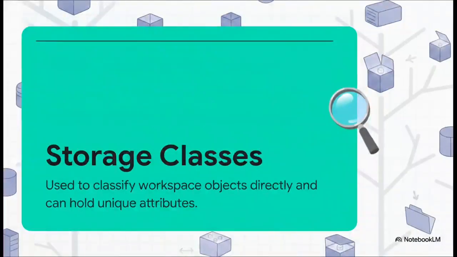Storage classes, on the other hand, are the actual end-of-the-branch containers. This is where your workspace objects actively live. Storage classes inherit all the attributes from their parent abstract classes, sure, but they can also hold their own unique attributes, provided, of course, they aren't designated as a parent to yet another class further down the line.